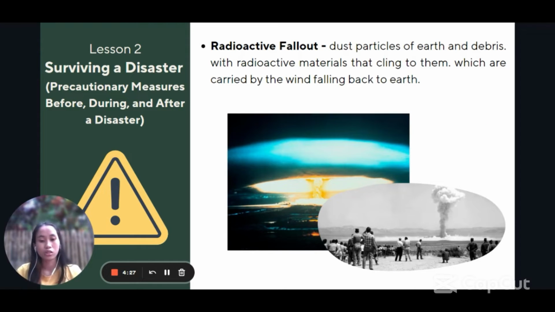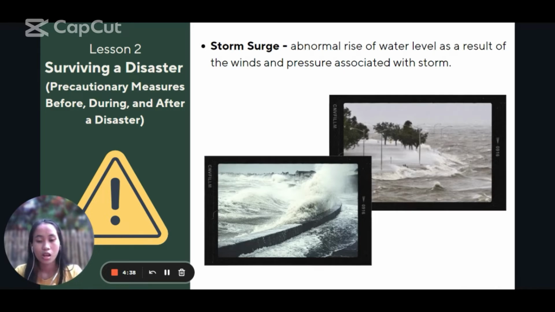It is particles that fall to Earth as a result of a nuclear explosion. It can cause leukemia to humans. Next is storm surge. Storm surge is a rise of water level along the shore as generated by a storm with winds. Just like in the picture shown.